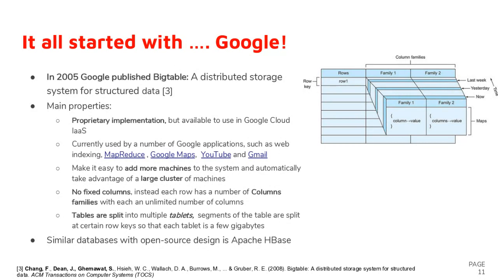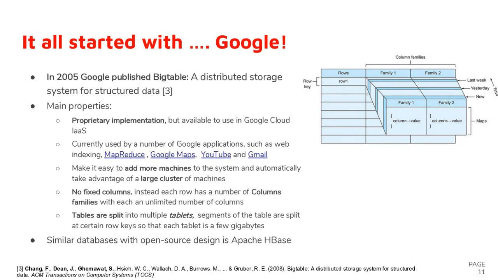You have a primary key, and they split each table so that each tablet, each partition, is only a few gigabytes. That's how they partition the data, and then you can store these tablets using Google file system, which is similar to Hadoop file system, on several computers.